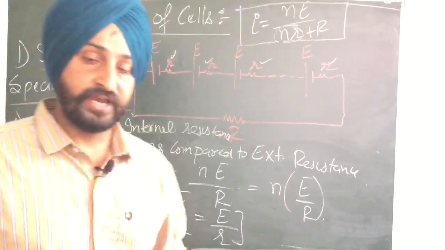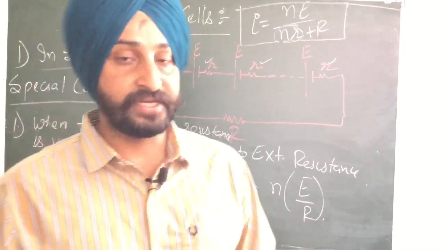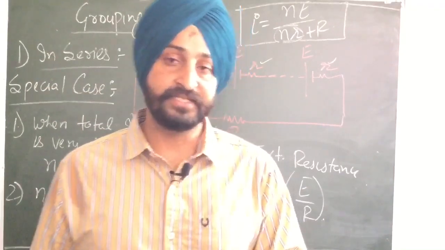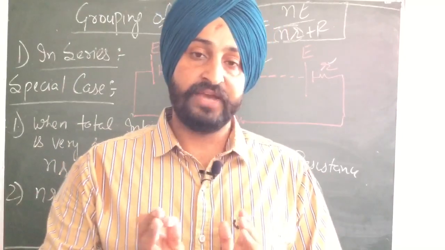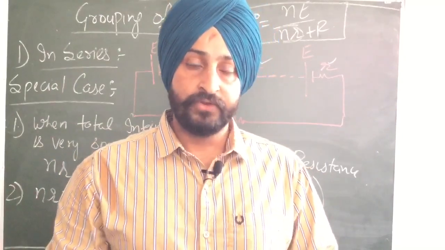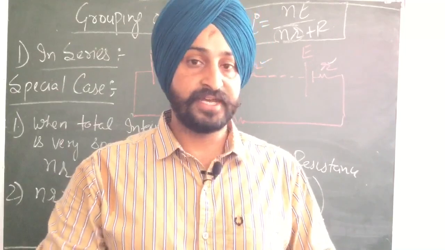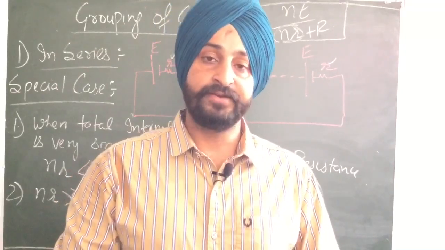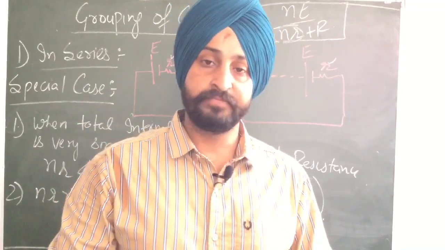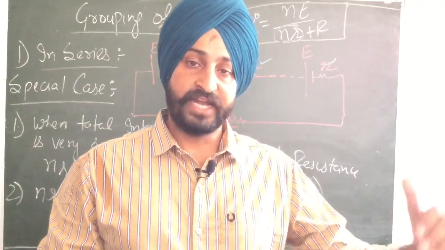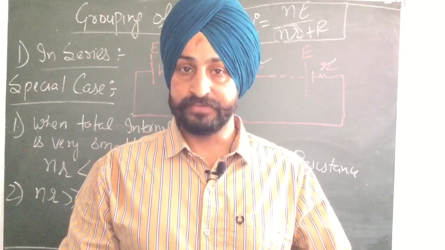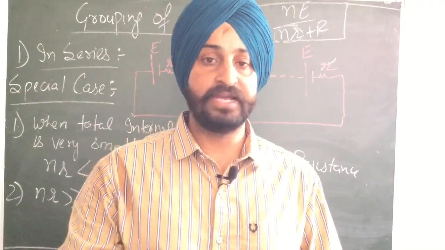So in this way we have done these two special cases. From these special cases, we have come to the conclusion that when a number of cells are connected in series, if their internal resistances are very small as compared to external resistance, then the current flowing through the circuit will increase n times as compared to the current produced by one cell.